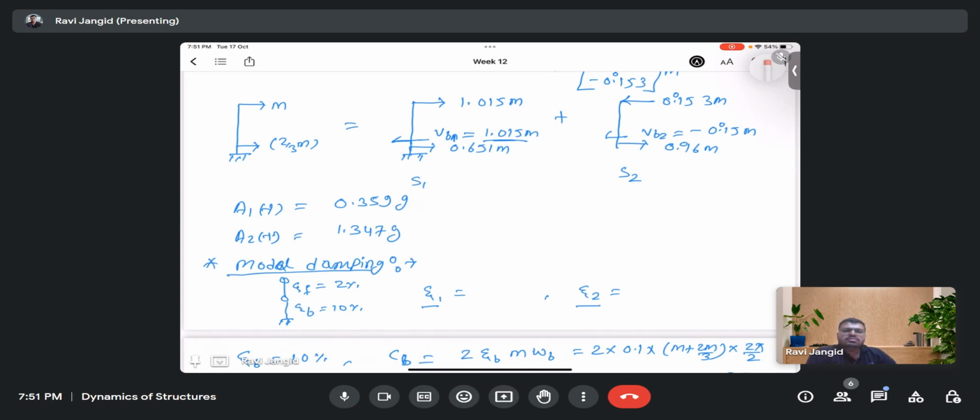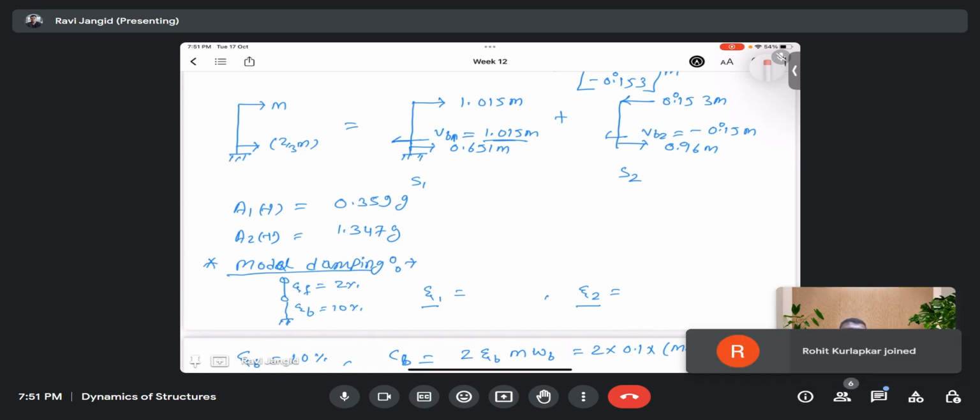But in our class, they have solved using this I by m omega.